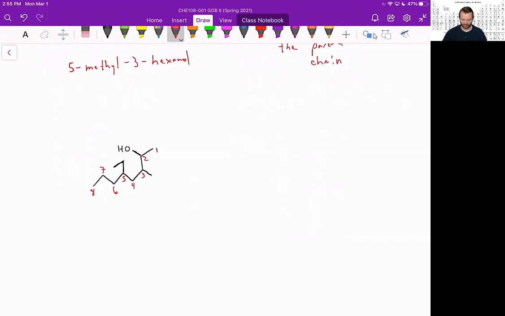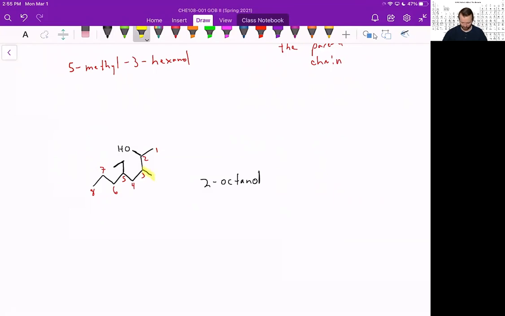If I had gone straight up at carbon 5, there's only 2 carbons there. So you go where there's more carbon. So 8 carbons long, so octa, but the hydroxyl's on carbon number 2. So the parent is 2-octanol, because that's where it's an alcohol and the hydroxyl group is on carbon number 2.